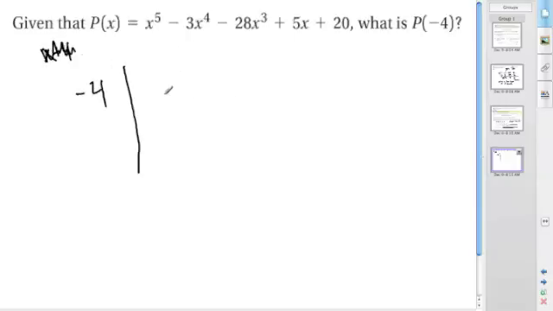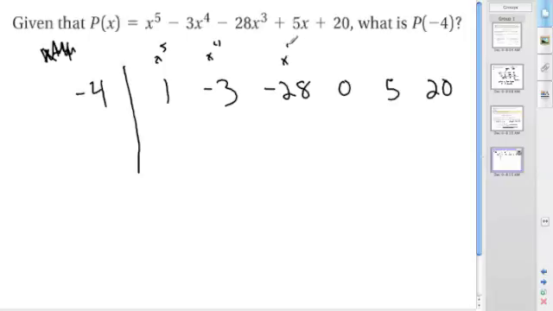So we take our coefficients of 1, negative 3, negative 28, 0, 5, and 20. Again, this is x to the 5th, x to the 4th, x to the 3rd, x squared, and x. You need every single coefficient. Since there was no x squared, it's 0.